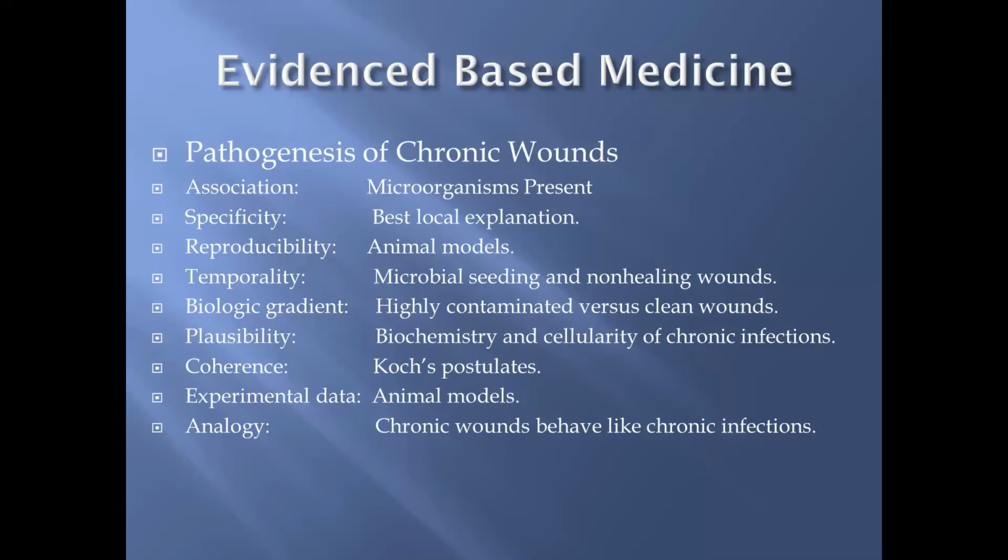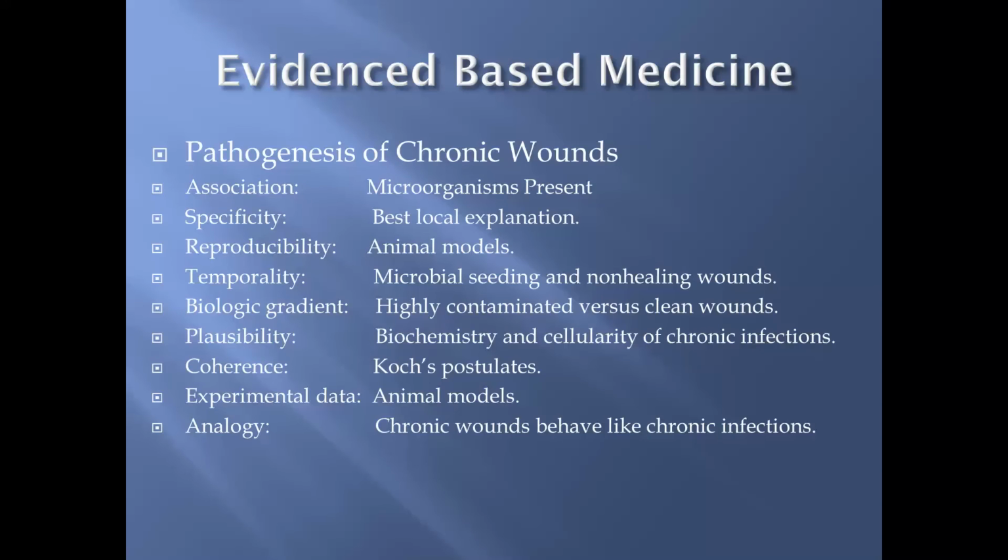Reproducibility, if you're going to create animal models for a chronic wound, almost every animal model to produce that, whether it's in a rabbit ear, a pig model, or a mouse model, require seeding with microorganisms to produce those chronic wounds that they test the different products against.